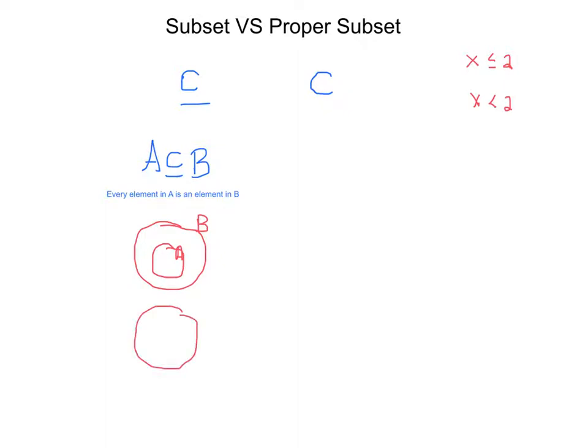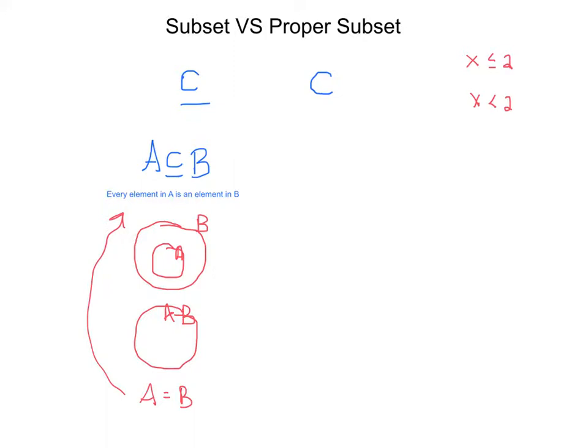For example, if we have A is a subset of B, that means by definition that every element in A is an element in B. Visually, what that looks like is if this is B, then A is a circle within B. But it's also possible that if this is B, then A is the exact same circle as B, and they might actually equal each other, because then every element in A is an element in B, and it fits with our definition.